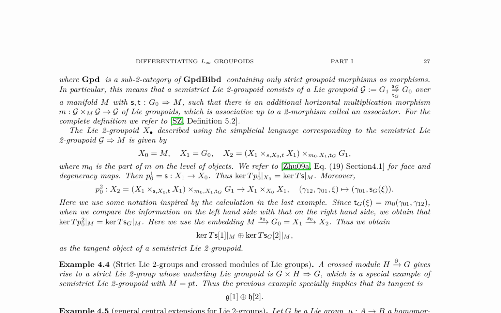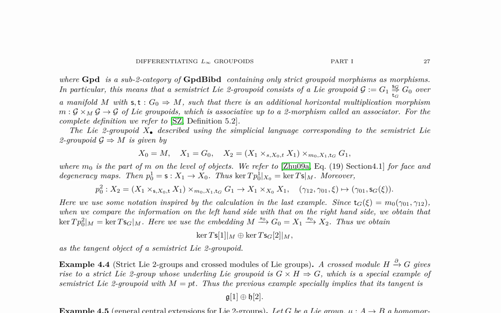This structure is denoted as G ⇉ M. The corresponding simplicial object X is described using the simplicial language, where x0 equals M, x1 equals G0, and x2 equals x1 times x0 x1, times M0, x1, tgg1.